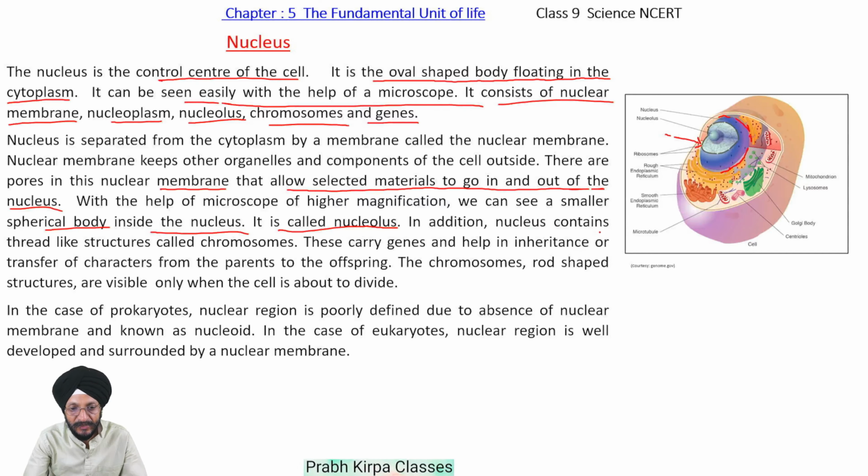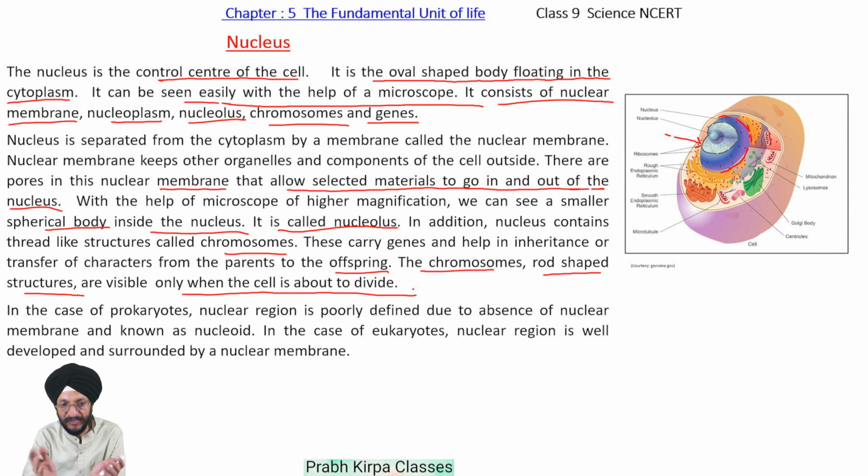In addition, the nucleus contains thread-like structures called chromosomes. These chromosomes carry genes and help in the inheritance or transfer of characters from parents to offspring. These rod-shaped chromosomes are visible only when the cell is about to divide.